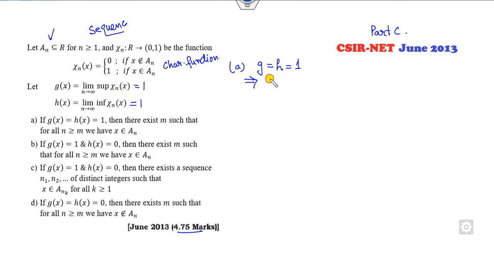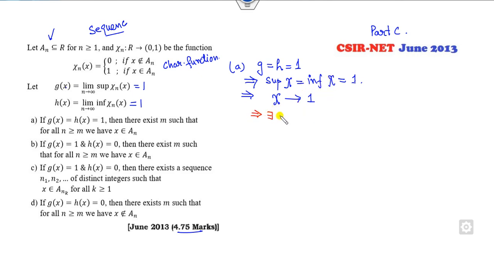What is the meaning of that? Supremum of xi is infimum of xi, both are 1. What is the meaning of that? This xi converges to 1 because the infimum and supremum are both the same. What is the meaning of that?